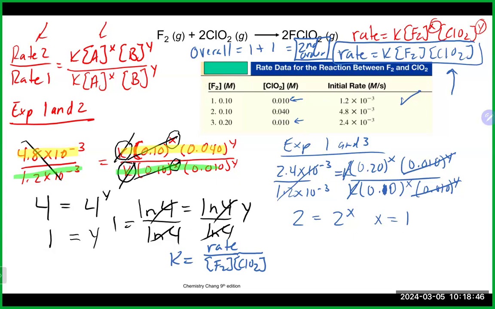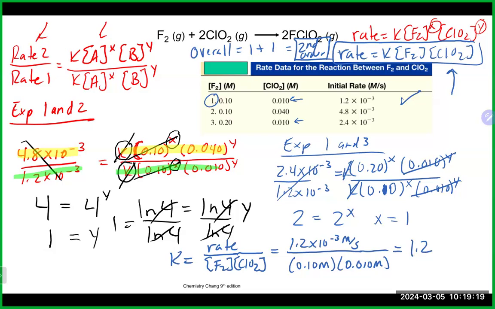So here I'm going to choose experiment 1's information and put it in. When I do that, I will get 1.2 times 10 to the minus 3 molar per second divided by 0.1 molar divided by 0.01 molar. If I do all that, 1.2 exponent button minus 3 divided by 0.1 divided by 0.01, I'm going to get 1.2 as my rate constant.